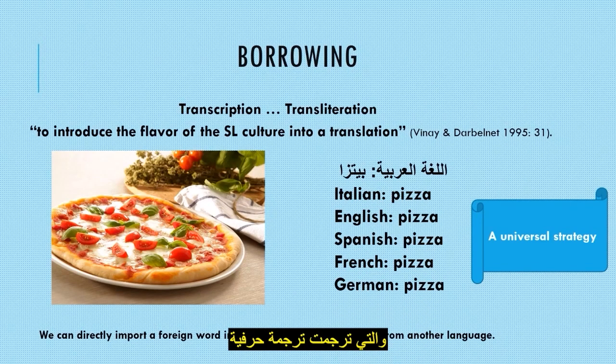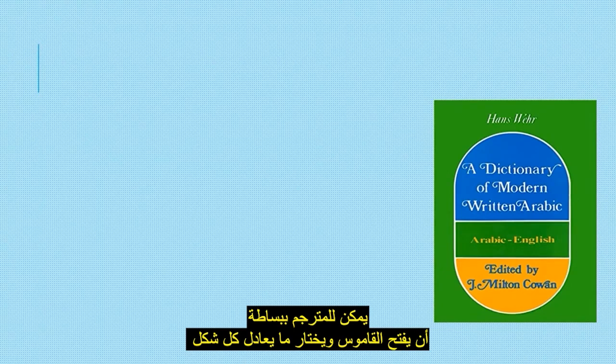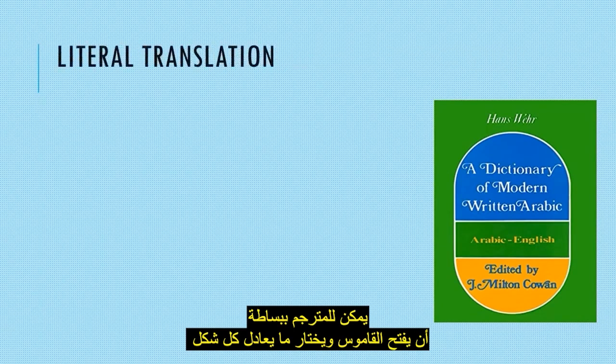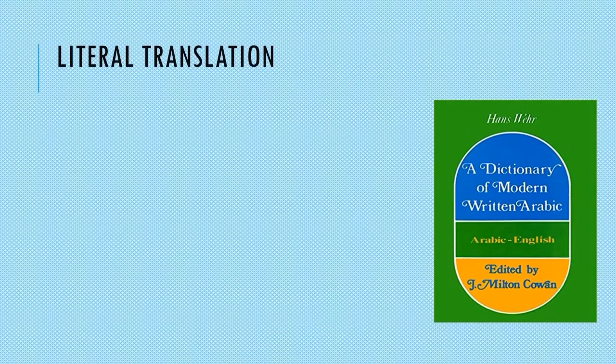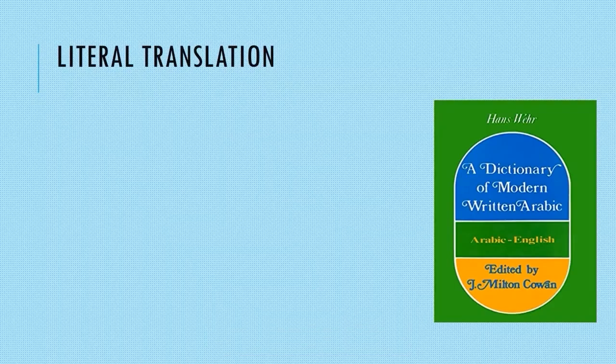Literal translation. It's the direct transfer of a source language text into a grammatically appropriate target language text. The translator can simply open the dictionary to pick the equivalent of each form while respecting the grammar of the target language.